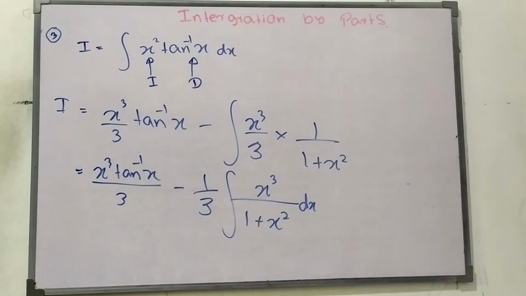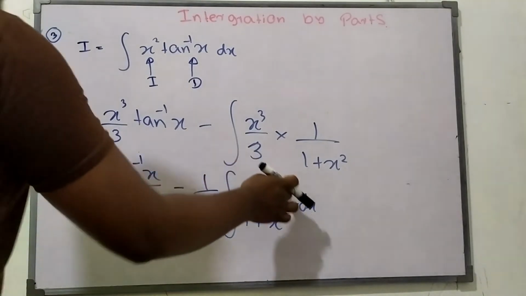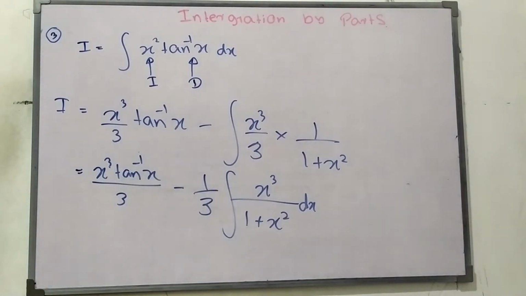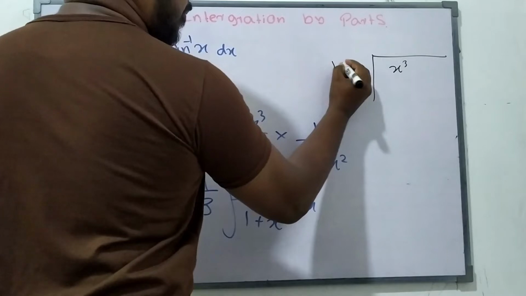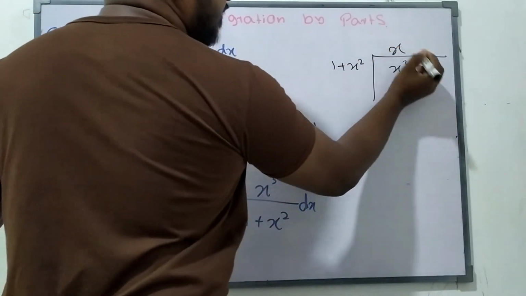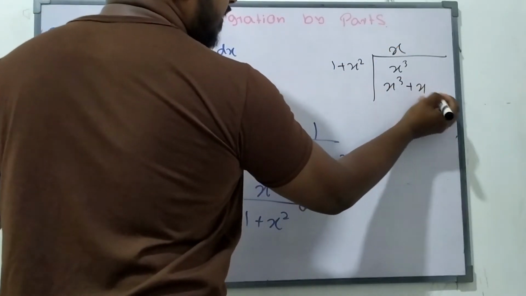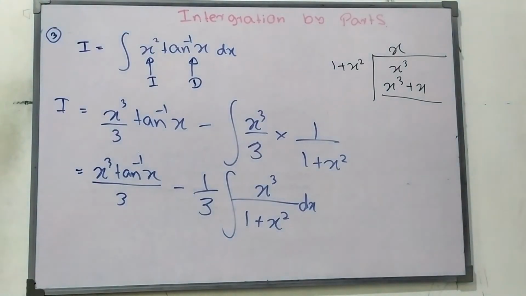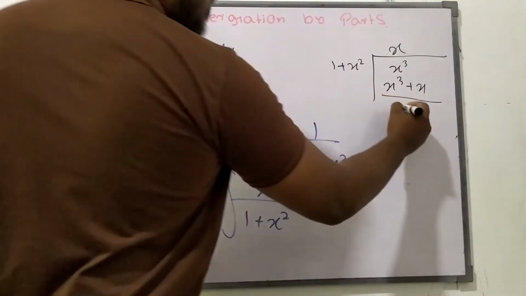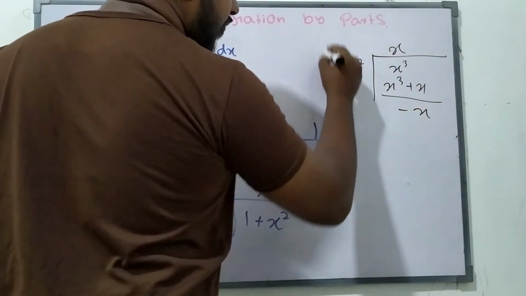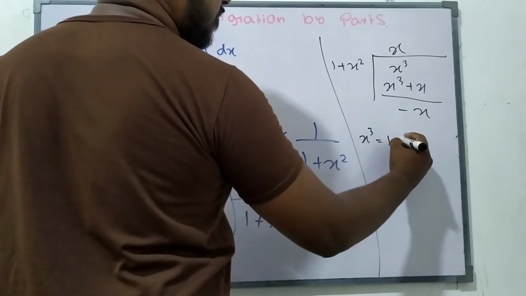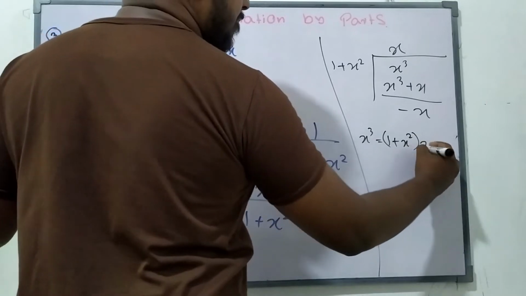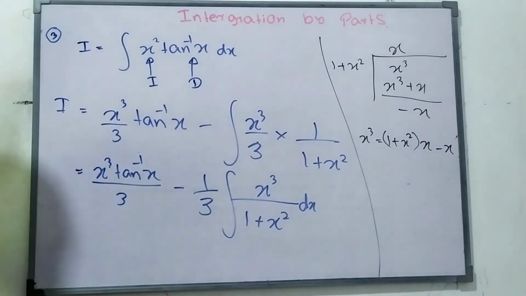So what are we supposed to do now? Actually we can divide these two functions, x³ by 1 + x². This gives x³ = (1 + x²)x − x, so x³ over 1 + x² is x − x over 1 + x².